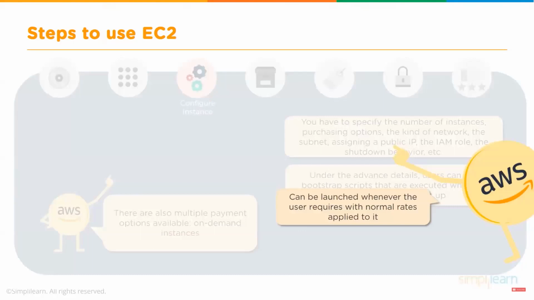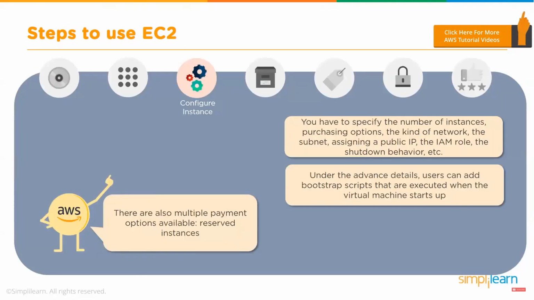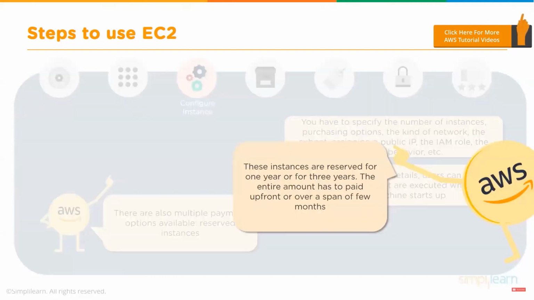And not only that, there are multiple payment options available under configure instance. The user can pick an instance under normal price, and that instance would have normal rates applied to it. And there are also options like reserved instance, where the user can pay for an instance upfront, for a span of a year or a span of months, and that way they can pay less per hour for using that instance.